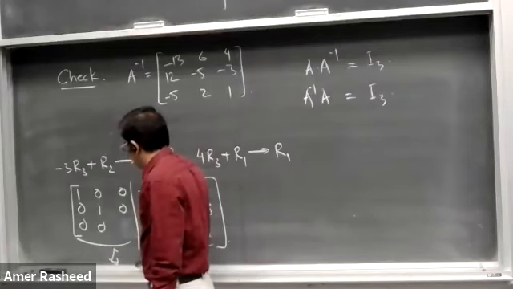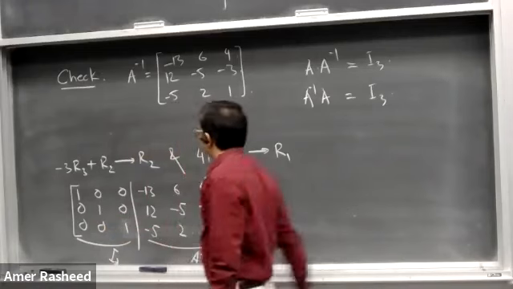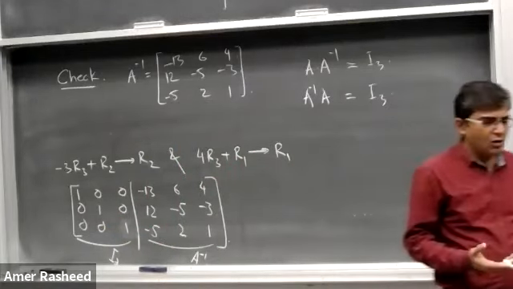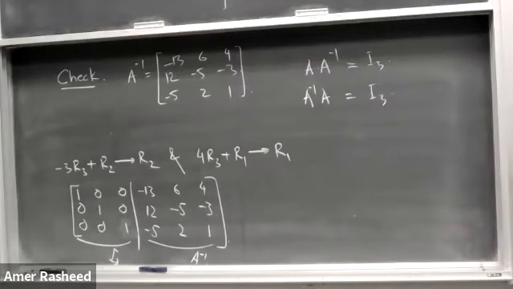The left-hand matrix should be exactly the identity matrix of the same order. This is how you can say that the inverse does not exist in this case.